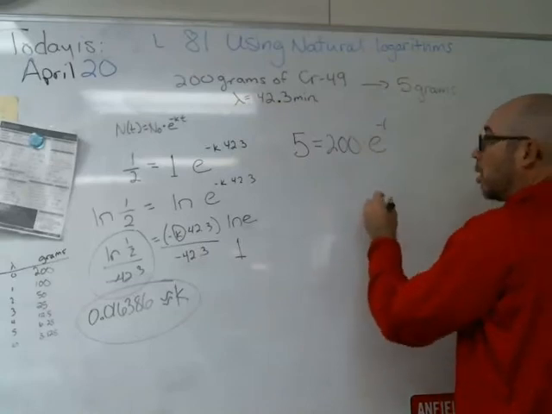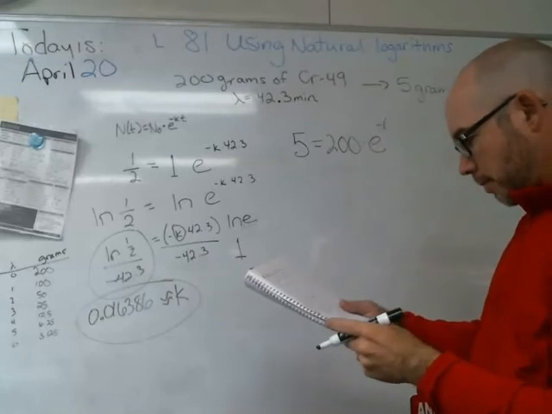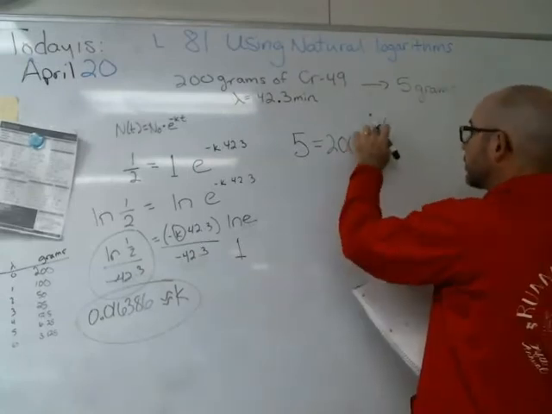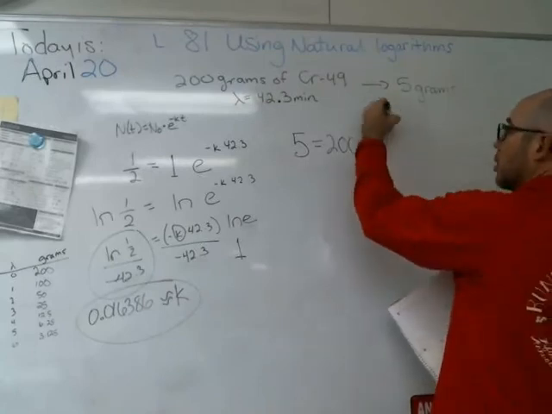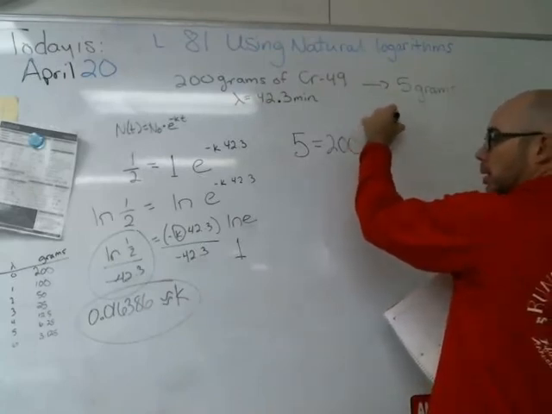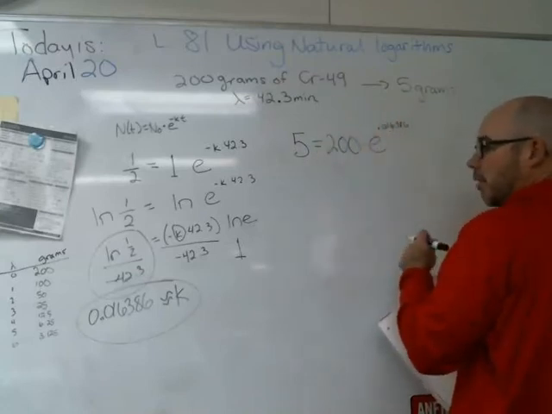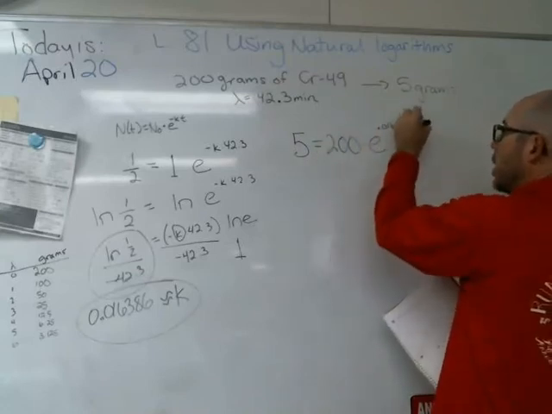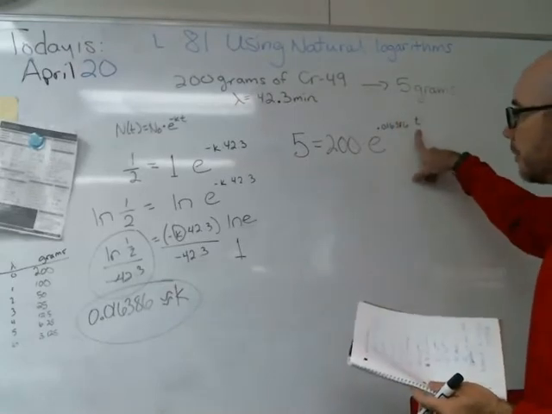Oh no, I don't need the negative anymore, do I? No, I just need that value. I found out what k is: 0.016386. It's going down. There's going to be less of it every time, times t.